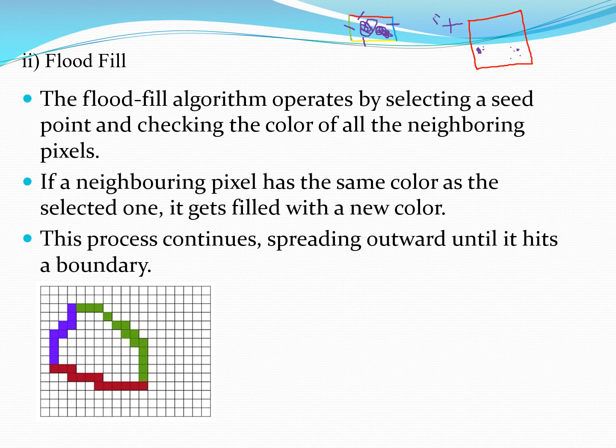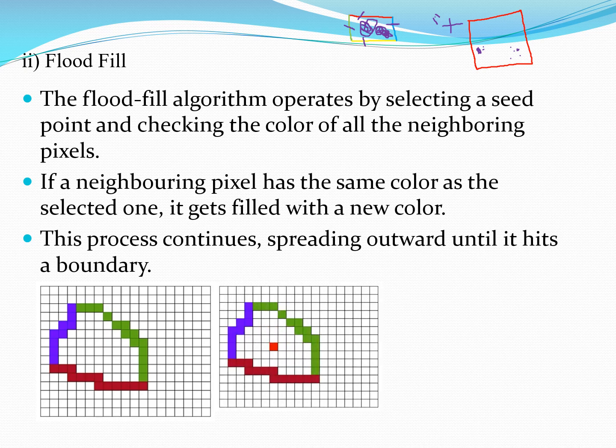This is an example of a flood fill. Here the polygon is given. The boundaries are blue, green, and this one is maroon, I think. We want to fill with a red color. First we check this pixel. First it will check that it is a pixel inside.